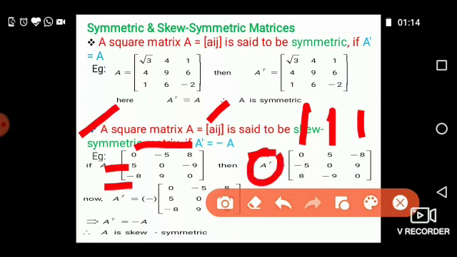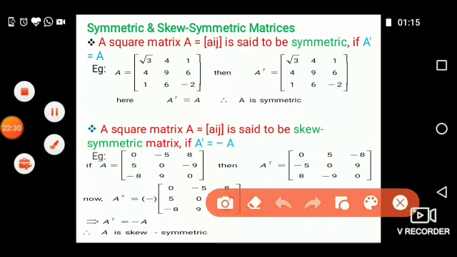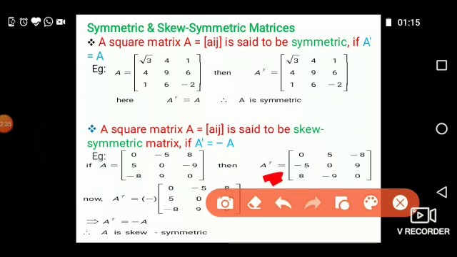Therefore, A to the power T is the transpose of A. But if we take the negative sign out of A to the power T, we get minus of 0, minus 5, 8, 5, 0, minus 9, and minus 8, 9, 0.